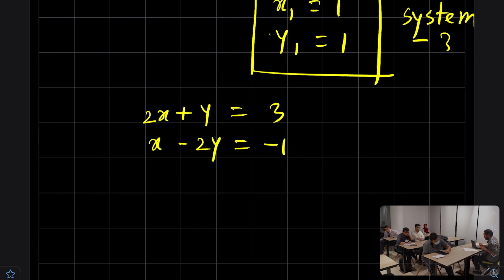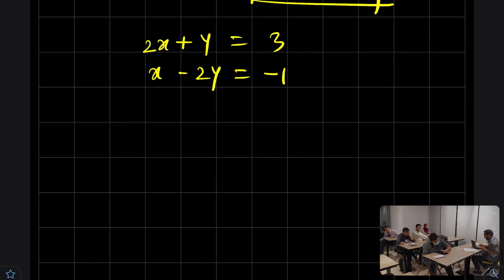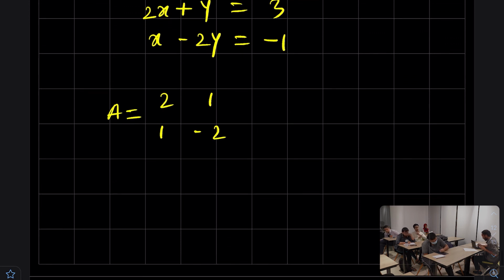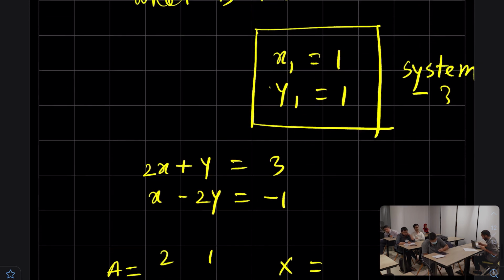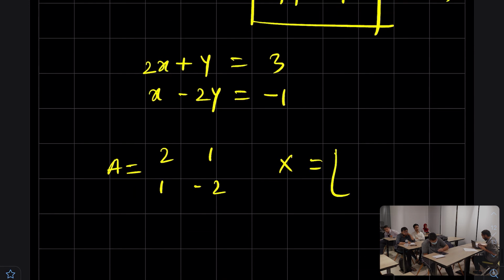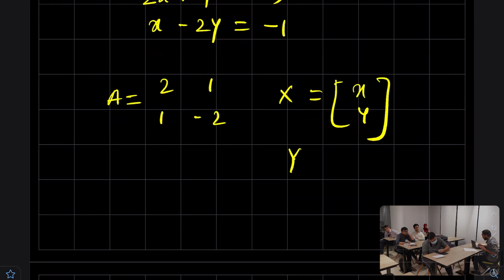So now if I extract the matrix equation, this will be what? 2, 1, 1, minus 2, as the A matrix. And here x is just x, y. And although we didn't solve the inhomogeneous system, y is equal to 3, minus 1.